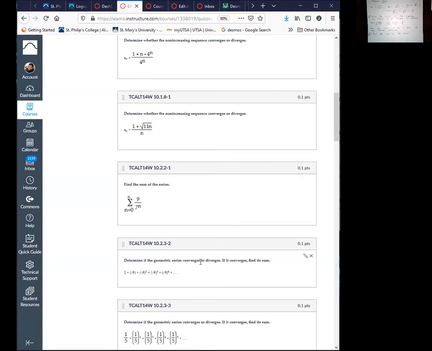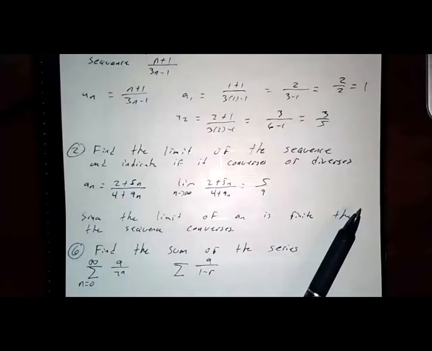And the sum of the series of 9 over 7 to the n. So remember the formula says the sum of a over 1 minus r. I'm sorry. Shoot, let me find it. Double check my formula here.